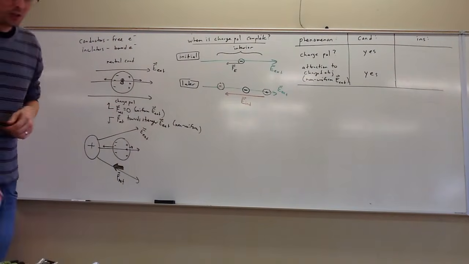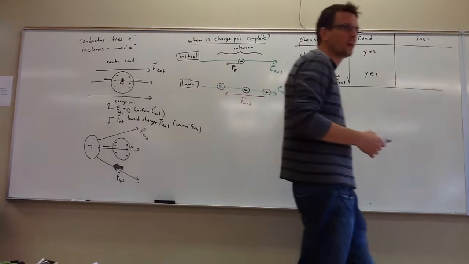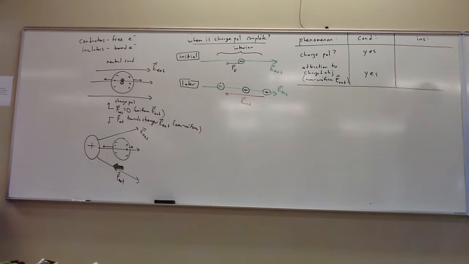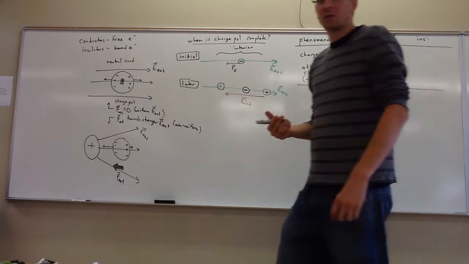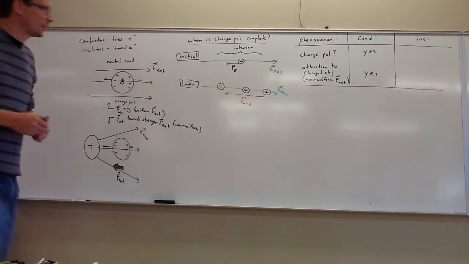Okay? So I call it E induced because this is the electric field that's starting to form from the charge polarization. It would never have happened, of course, if E external didn't encourage it or induce it. That's why we call it E induced. So look at what's happening here.